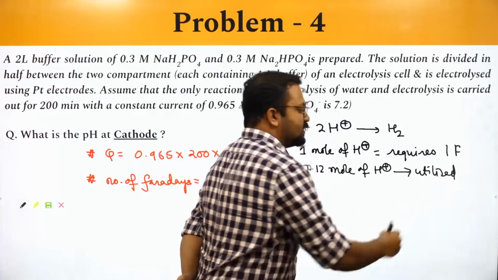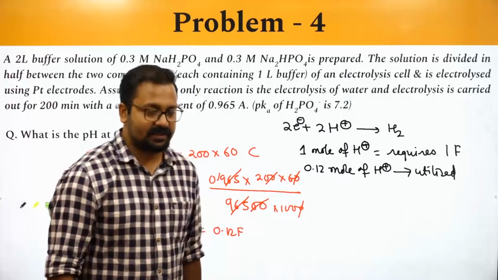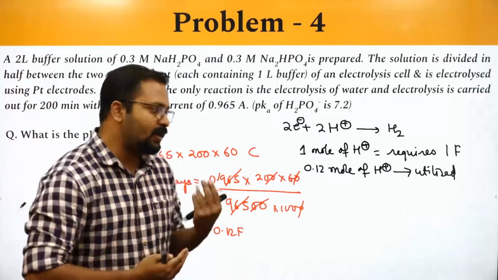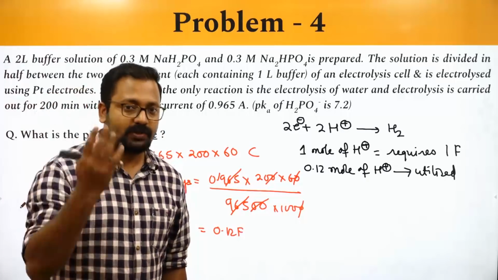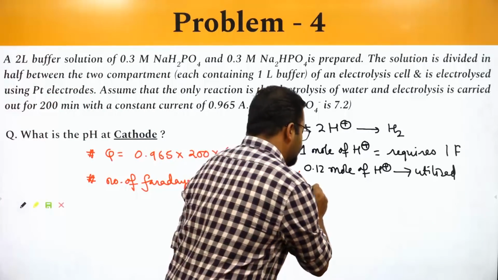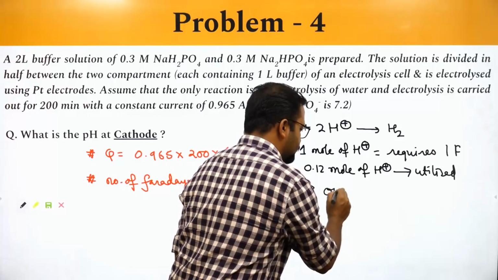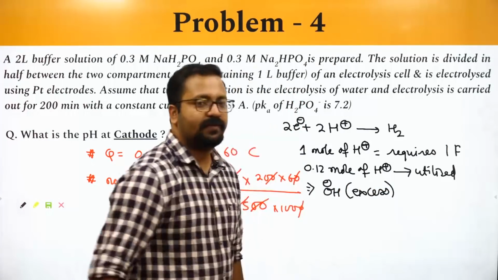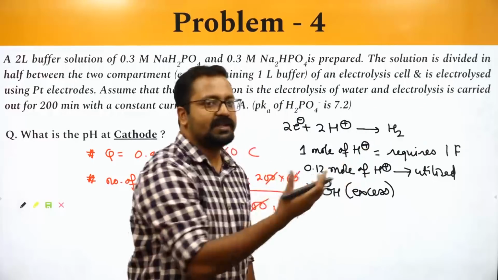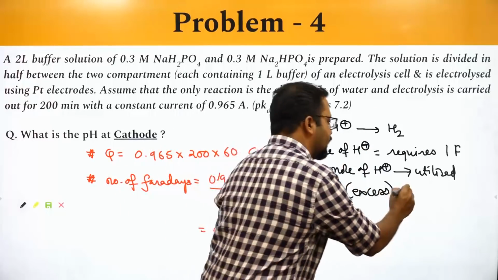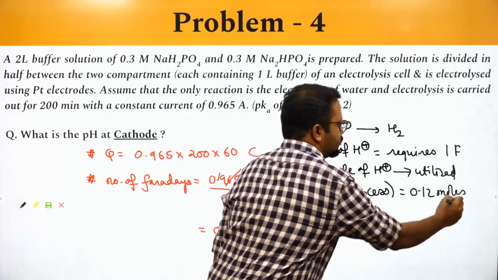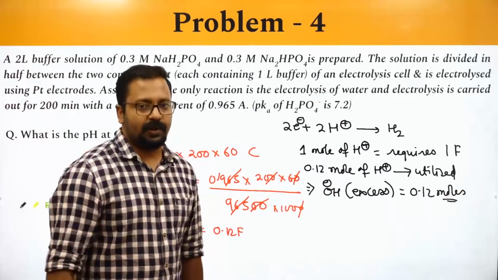But if H plus is utilized, what will be left in excess? Please tell me what will be left in excess. OH minus, yes, very good. OH minus will be left in excess. And how much OH minus will be left in excess? Whatever amount of H plus is utilized, that much OH minus will be in excess: 0.12 moles. That finishes the second part of the question.